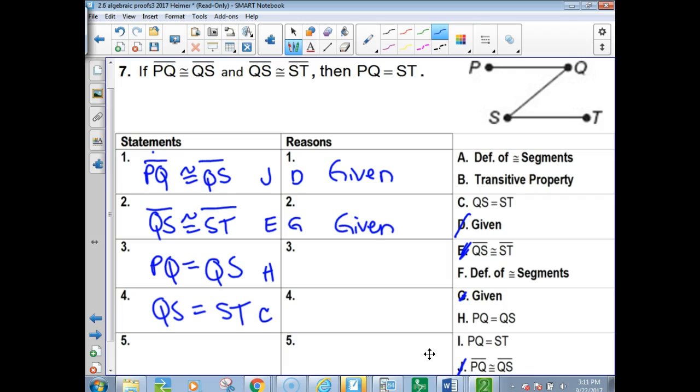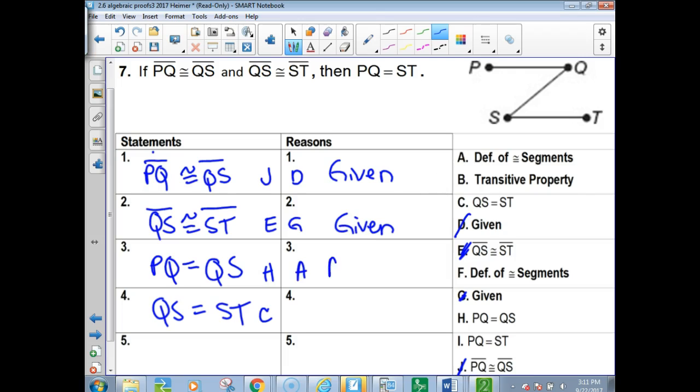It can make you do some of these steps, but I think some of it's good in that I want you to understand that this is talking about segments, and these are talking about length. If the segments are congruent, then they have the same length. That's the definition of congruent segments. So that's the thing that goes in these spots.